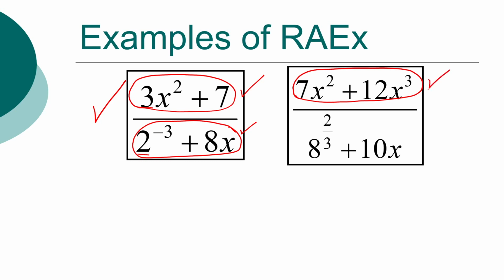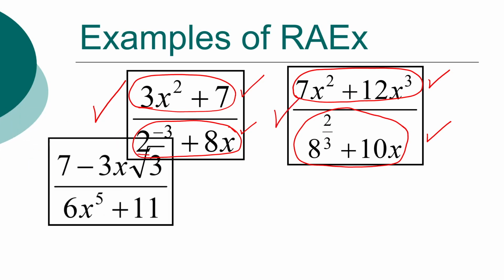Look at the denominator. Is the denominator a polynomial? No, sir. Why is the denominator not a polynomial? Polynomial, sir. It is a constant. There is no variable, the 8 is just a number. Okay, it is fine. So this is a Ra-X.